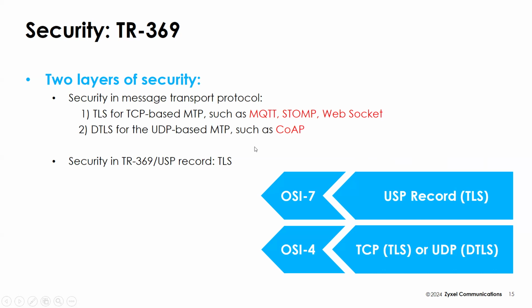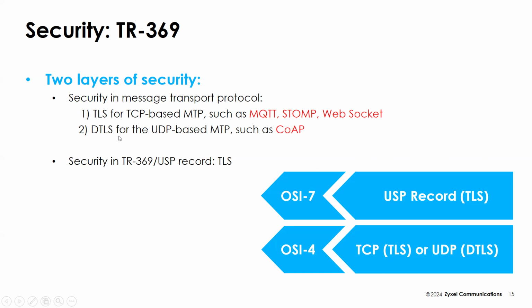But please note that CoAP was adopted in the earlier TR369 release, but then deprecated. If in the future TR369 adopts any new UDP-based protocol as an MTP, DTLS will still be the security enhancement for the UDP-based protocol. So that's why we mention DTLS here.